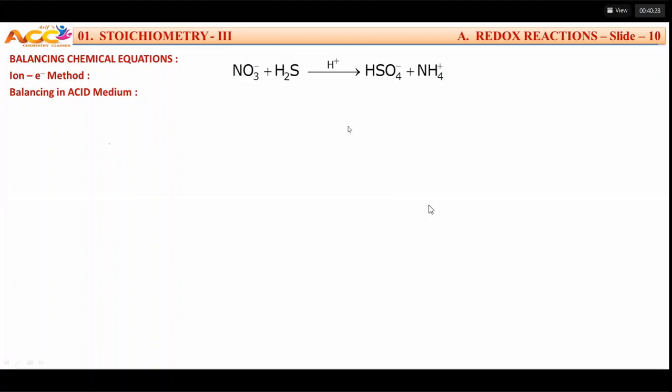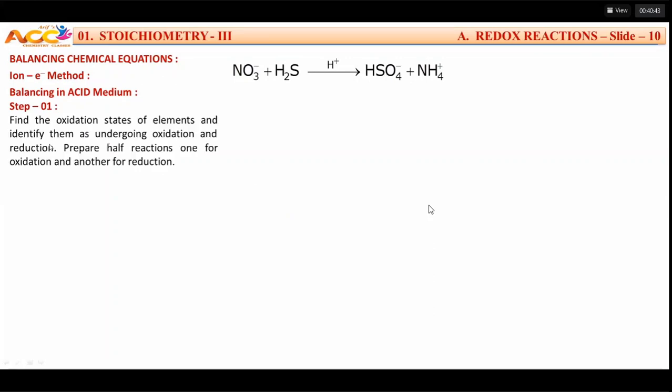How to do that? Very simple, sir. On their heads, write down the oxidation states and then check who is undergoing loss, remove them. Who is undergoing gain, remove them. Separately, 2 equations are formed. Therefore, step number 1, prepare 2 half reactions. Find the oxidation states of the elements and identify them as undergoing oxidation or reduction.